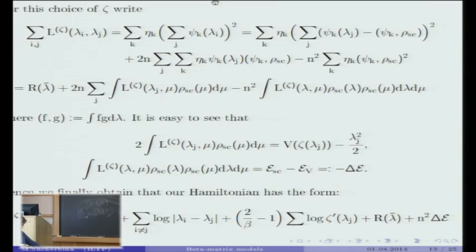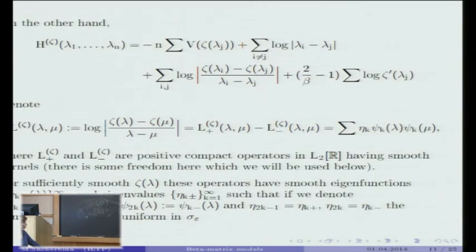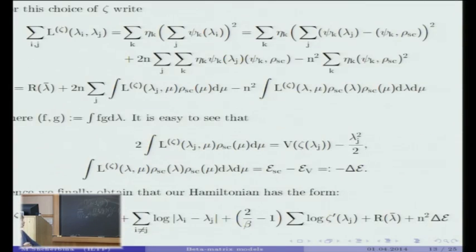Let me write what I have in my Hamiltonian. I have the sum of L zeta, and of course, because of this, I have this equality, and I can write it like this.